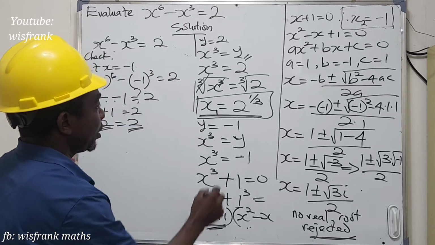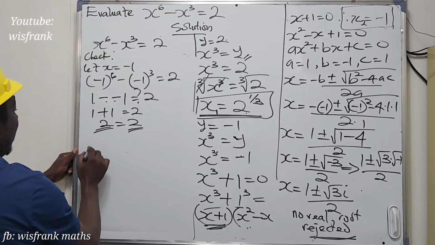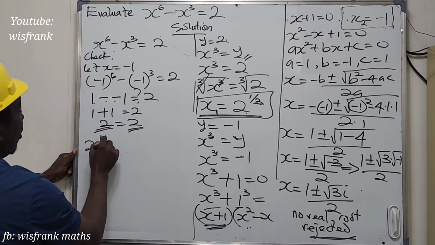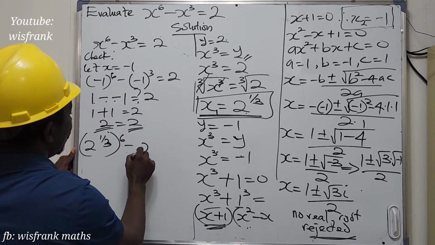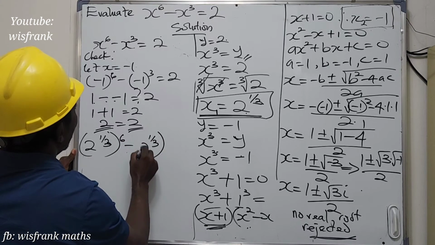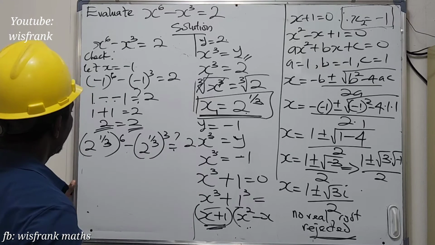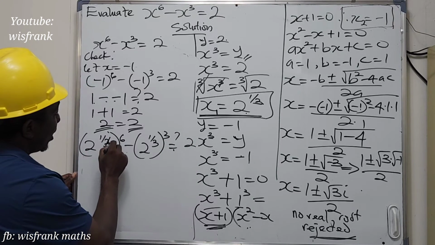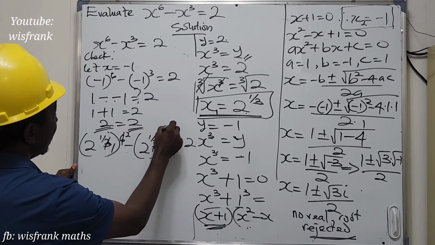So the second one, which is 2 to the power of 1 over 3, stating that we have 2 to the power of 1 over 3 all to the power of 6, minus 2 to the power of 1 over 3 all to the power of 3, equals what? Which is 2. So in this case, 3 will cancel here, 1, 3 will cancel here, 1.